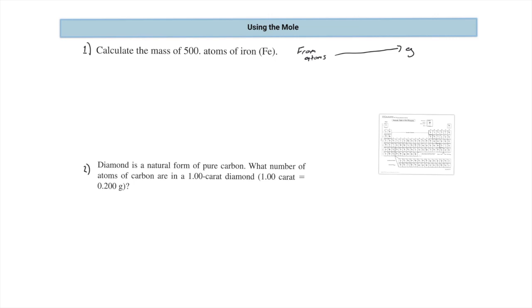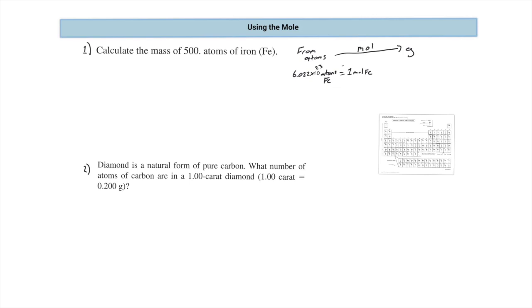And we know that there are 6.022 times 10 to the 23rd atoms, in this case of iron, that are equal to 1 mole of iron. Well, does that get us to grams? It certainly does not. So now we have to ask ourselves, is there a way to get between moles and grams? Well, sure there is.